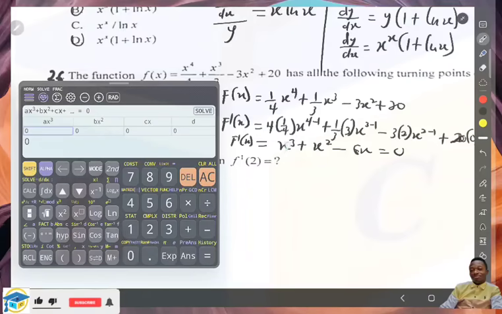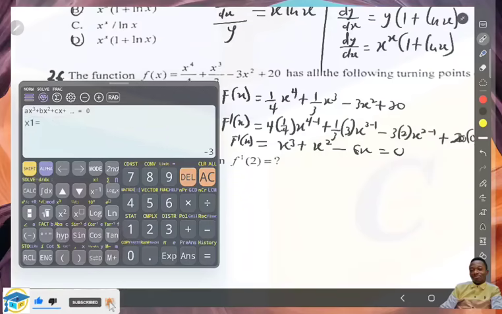So here we have the coefficient of x cubed to be 1. So we press 1, press equal to sign. Here to x squared, we have the coefficient to be 1. So we press 1, press equal to sign. Here the coefficient of x is negative 6. So that becomes negative 6, and then press equal to, and then the d should be 0.